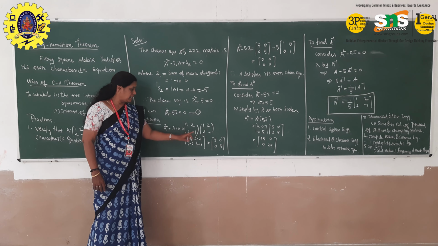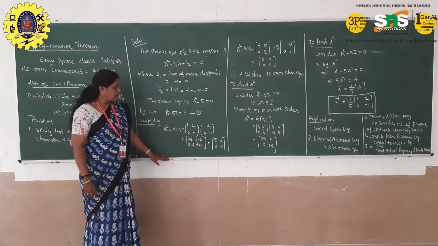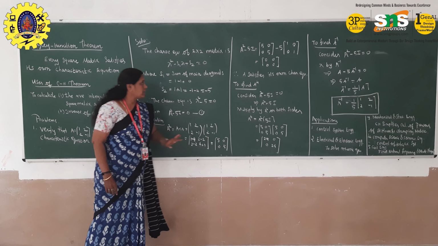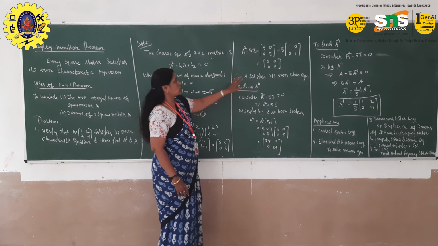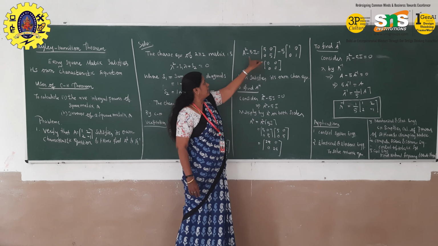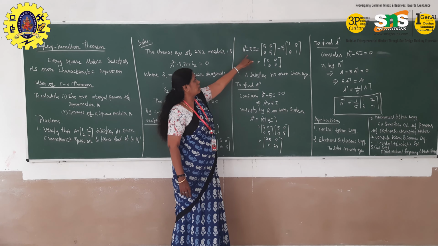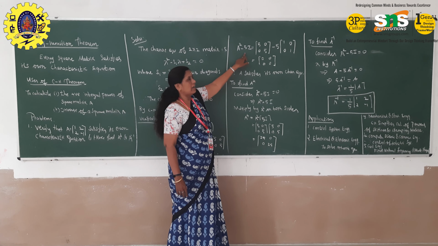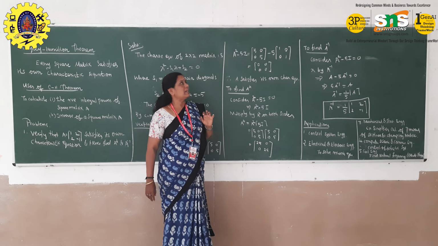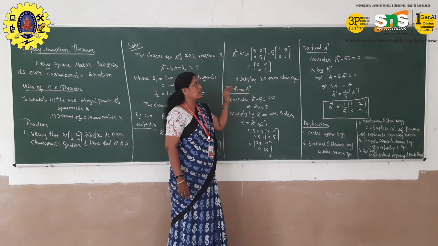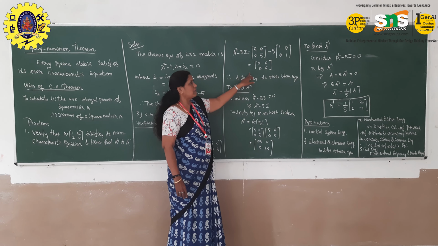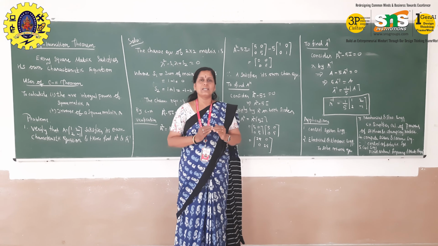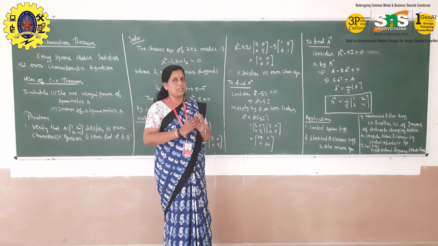Multiplying A into A, we get the final value 5, 0, 0, 5. Substituting the A square value in the equation A square minus 5I, A square is 5, 0, 0, 5 and 5 into I, where I is the identity matrix 1, 0, 0, 1. By simplification we get 0.